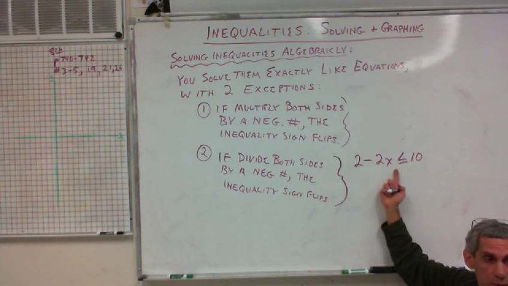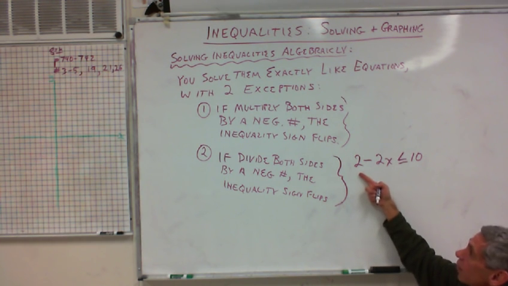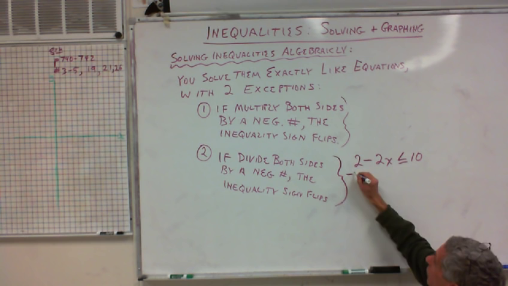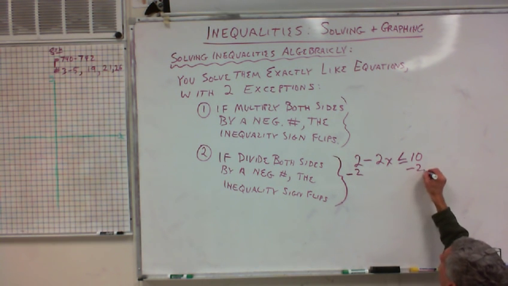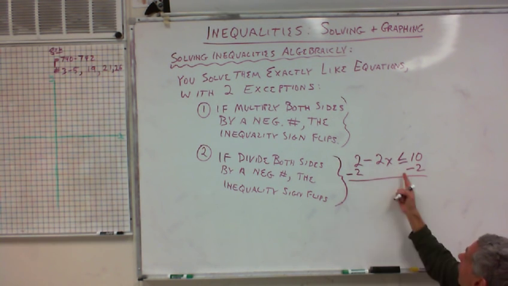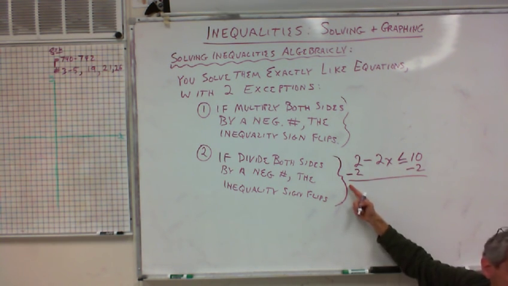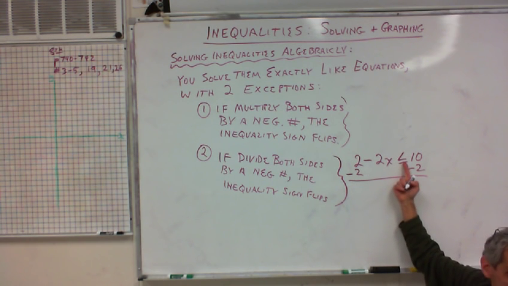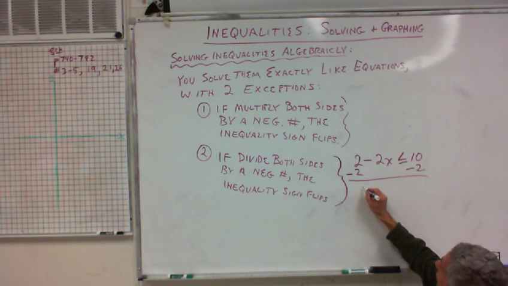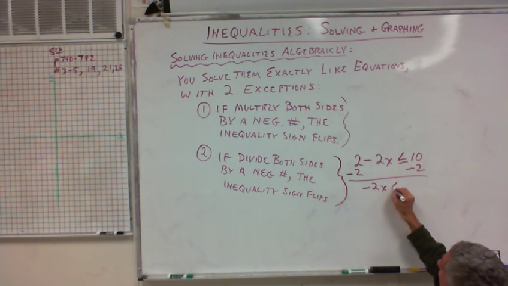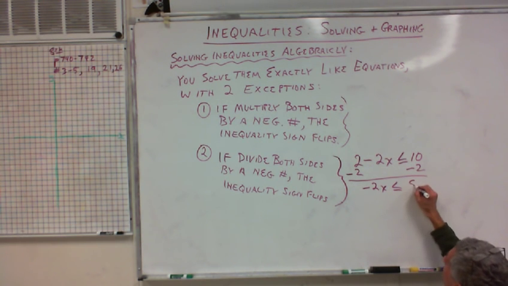What's in the way? The 2. So that's a positive 2. So how do I get rid of it? Subtract 2. This is a negative, but I only subtracted. I didn't divide. So this still stays the same, right? So now I have just negative 2x is less than or equal to 8.